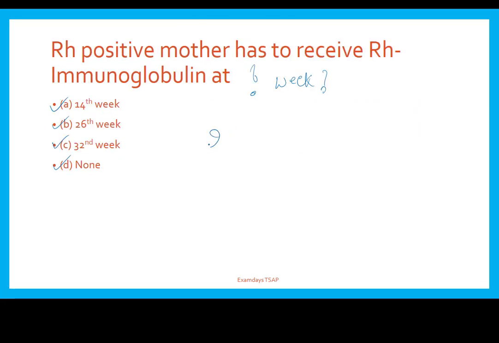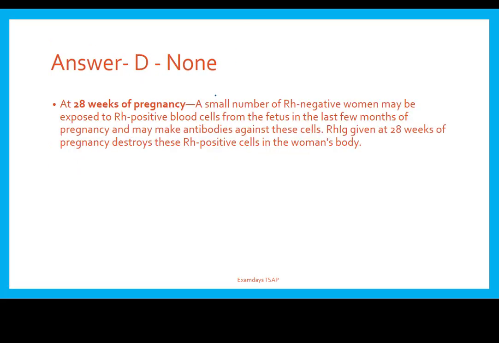The correct answer is going to be the 28th week. This is the correct answer, where the mother has to receive it at the 28th week. As the explanation is given, a small number of Rh negative women may be exposed to Rh positive blood cells from the fetus in the last few months of the pregnancy.